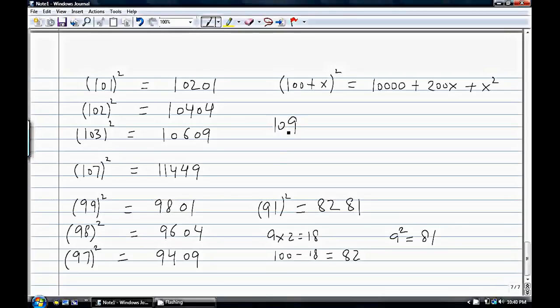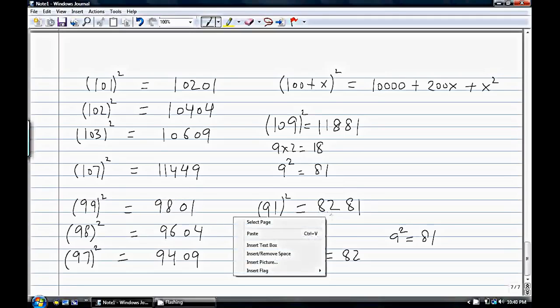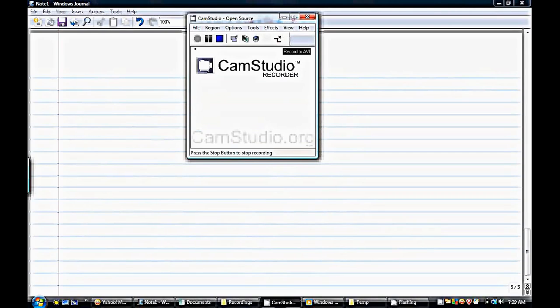Similarly, for 109, 9 times 2 is equal to 18, so I will write 118, and then 9 square is equal to 81, so that will be 81. So you see that the last two digits are always the same, but in this case we are adding 18 to the 100, and here we are subtracting 18 from the 100. So that concludes this.